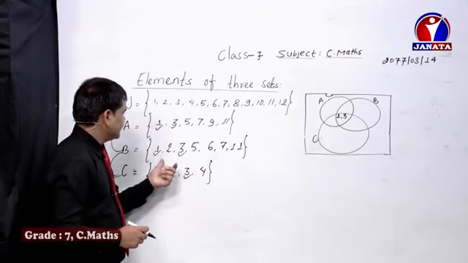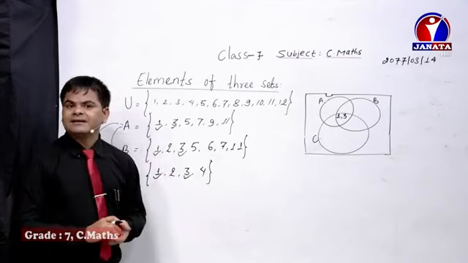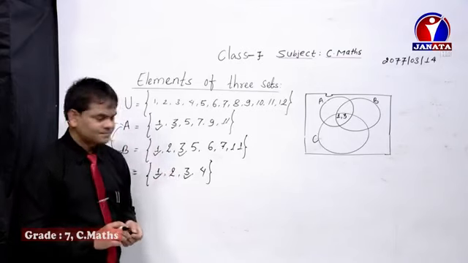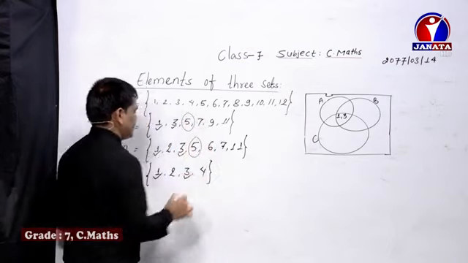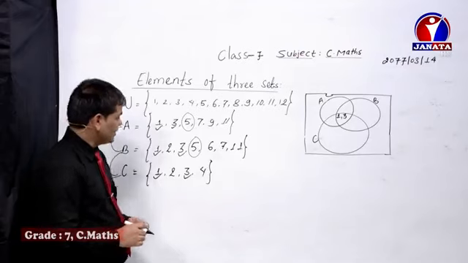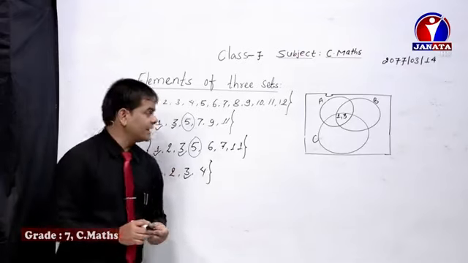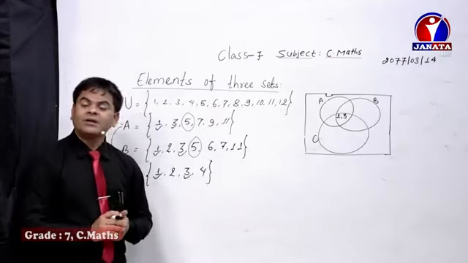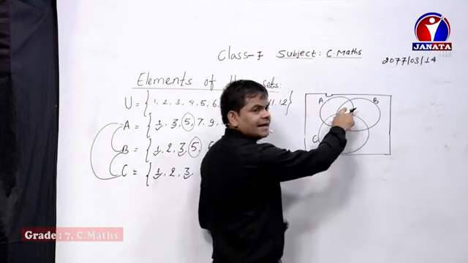Except 1 and 3, which elements are common between A and B? Let's round it. 5, here is also 5. So 5 should be kept in the common area of only A and B.